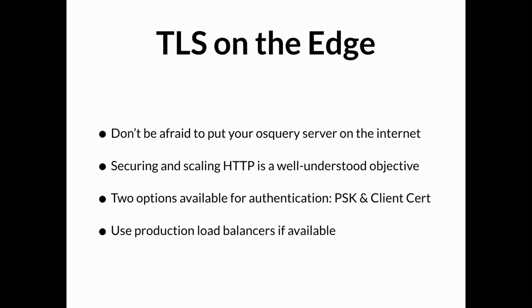The other recommendation I'll give is get comfortable with running your OSquery TLS server on the edge. You may want to put it in your internal VPN if VPNs are still a thing that you're doing. All the cool kids are beyond corporate now. But don't be afraid to put your OSquery server on the edge.